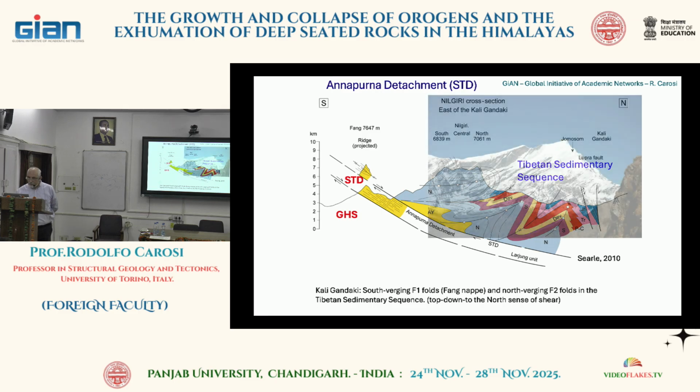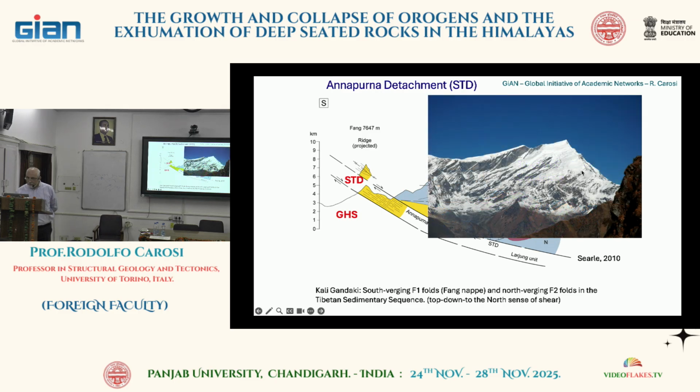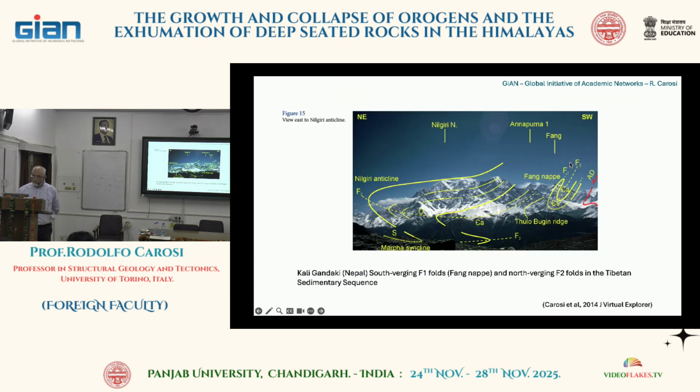Mount Ukuche. You can see in this part this kind of fold related to the detachment. This is a reconstruction of the fold, the Nilgiri anticline, and in this mountain that's called Pangnap, you can see an interference pattern because these are F2 folds linked to the detachment, to the normal sense of shear of the detachment.